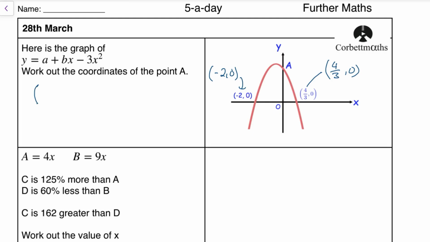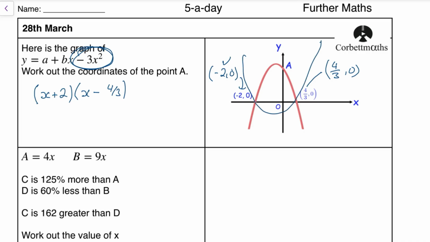So if these are roots, I can write my equation factorised as x plus 2, because I've got a minus 2 here. And although it's not very nice, I could write this as x minus 4 over 3. Now, because there's a 3 here, I have to be careful, because actually this isn't a positive x squared.